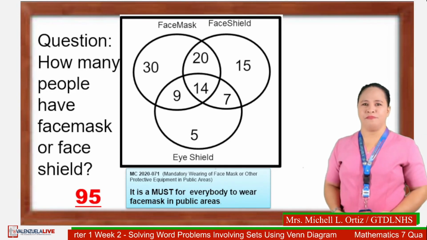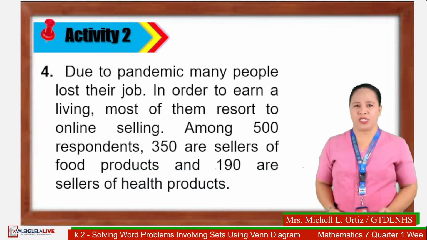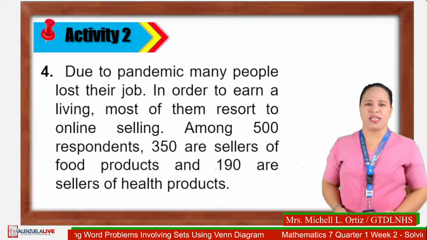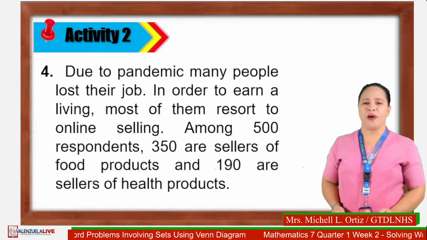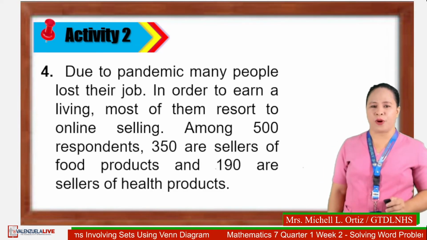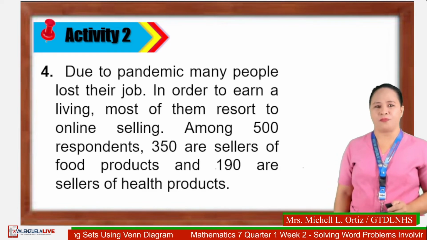Next problem. Due to the pandemic, many people lost their jobs. And in order to earn a living, most of them resort to online selling. Among 500 respondents, 350 are sellers of food products and 190 are sellers of health products.